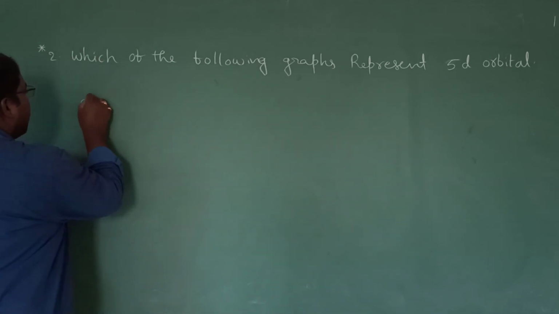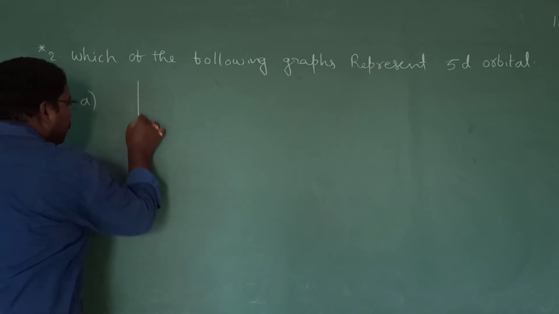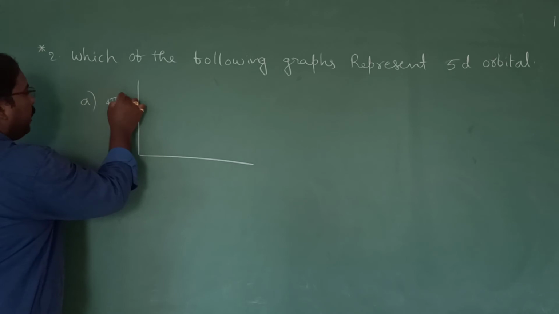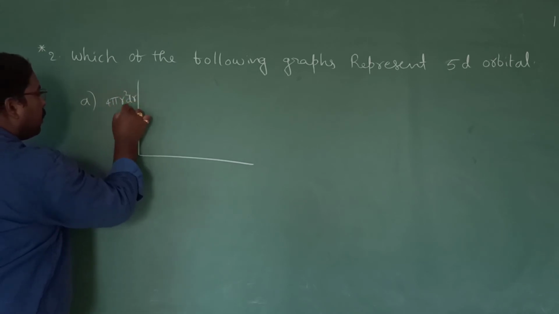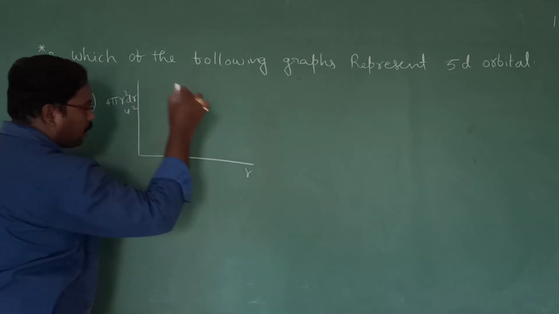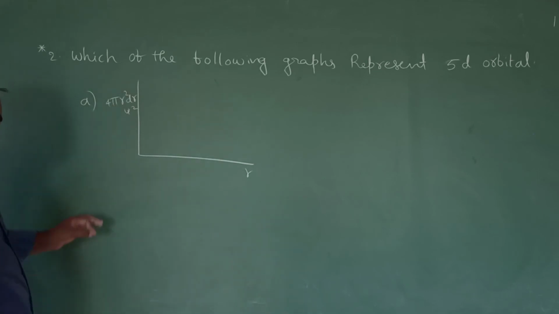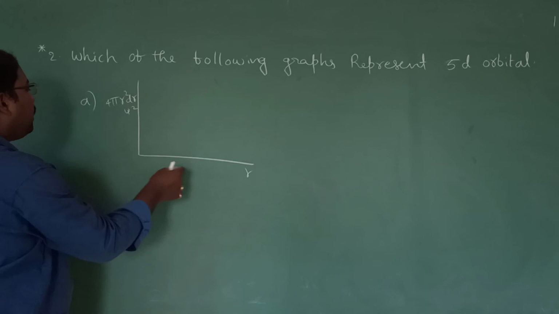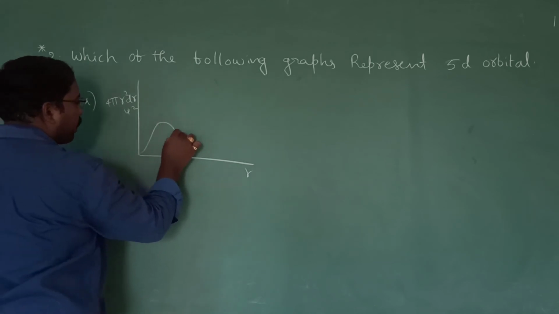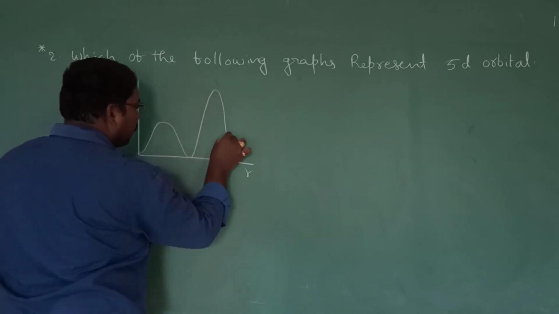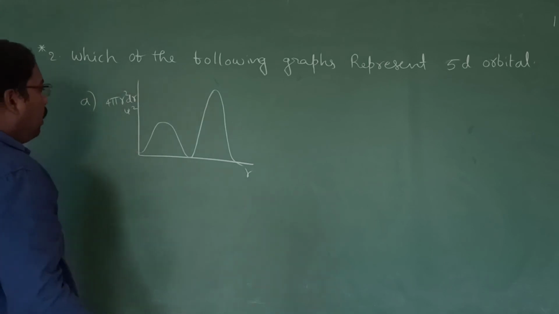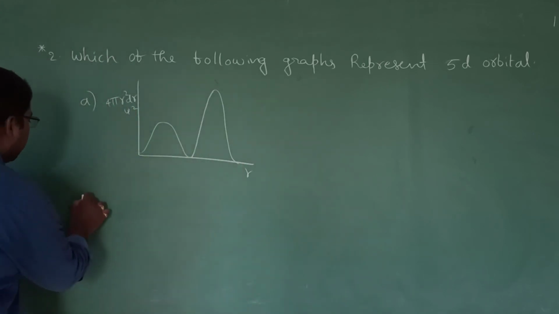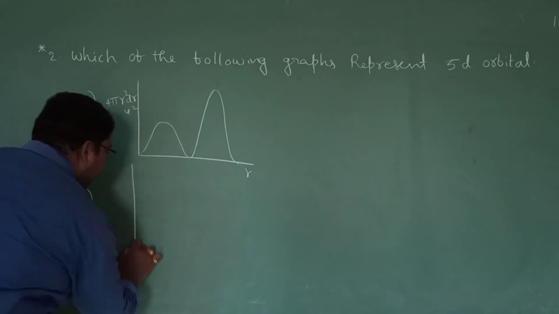Now the given options: all these graphs are drawn between probability function versus r. All four options are drawn in the same manner. Now coming to the first graph, that is the first option. Now coming to the second option.